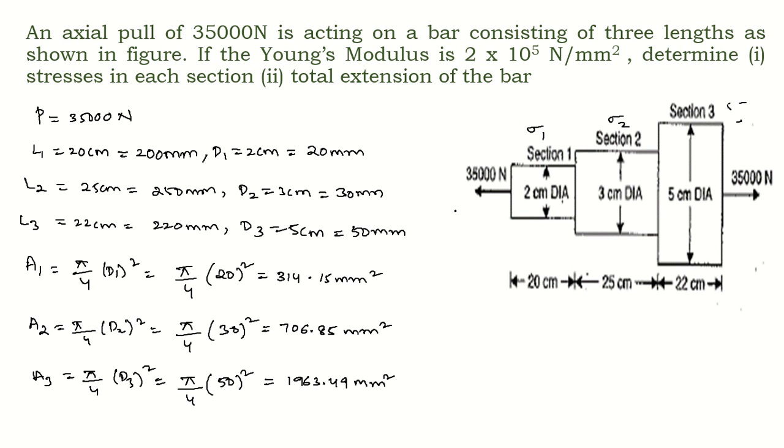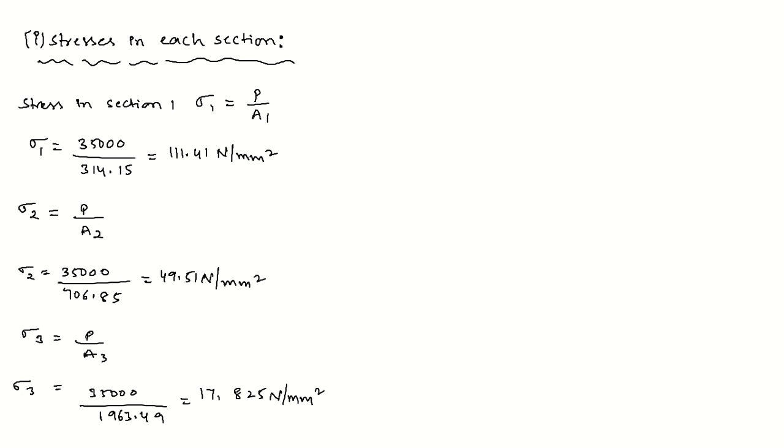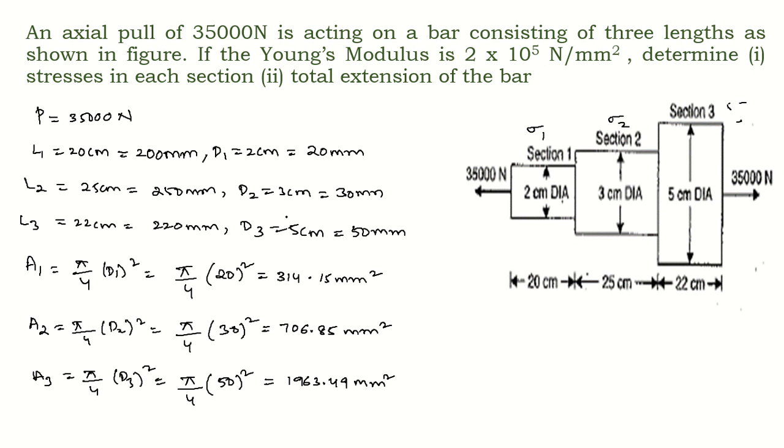Second part is total extension of the bar. Means you need to calculate the total value of delta. For this, what will we do? They are asking for the total extension of the complete bar. So you have to calculate the extension in the first section, then the extension in the second section, extension in the third section, and add.